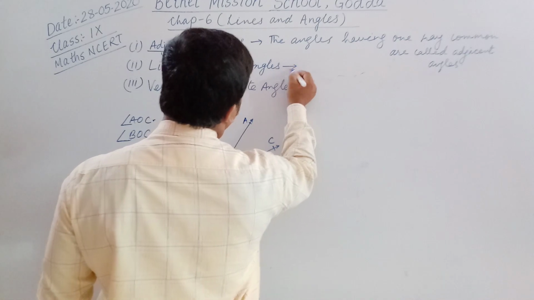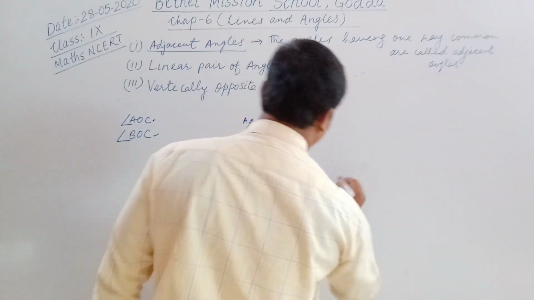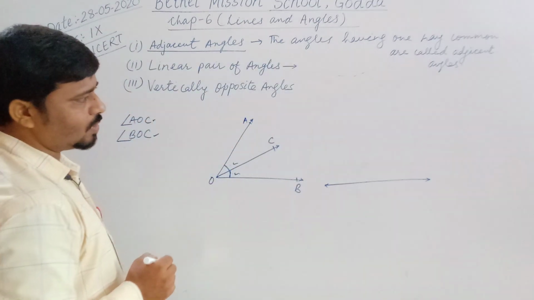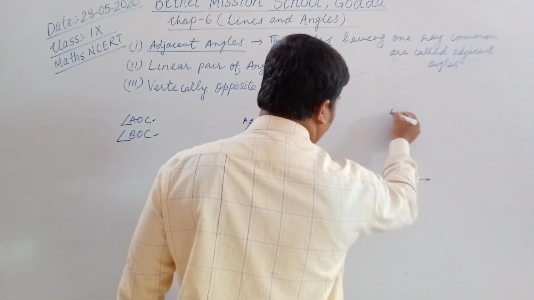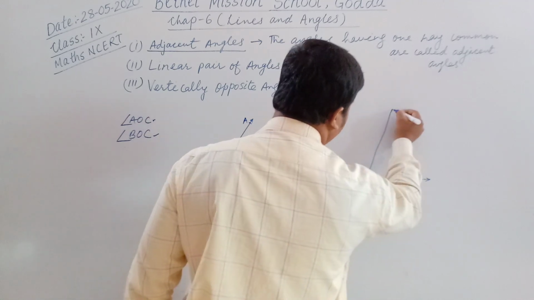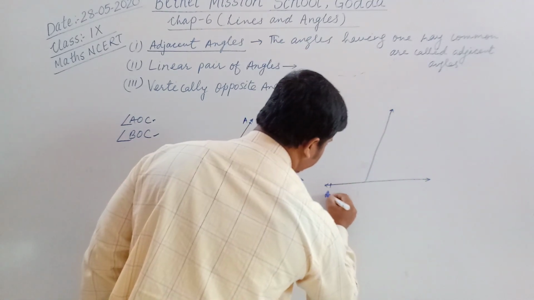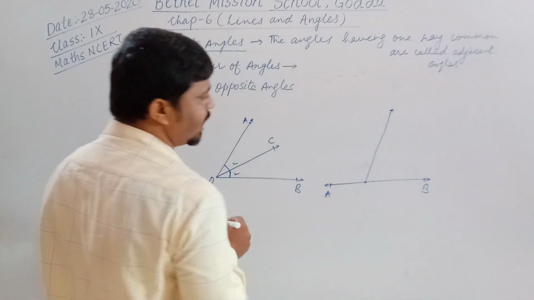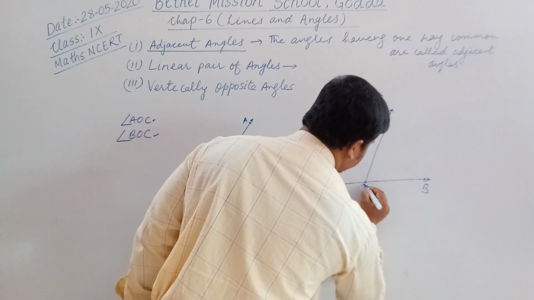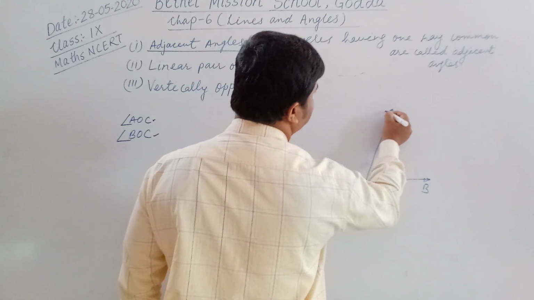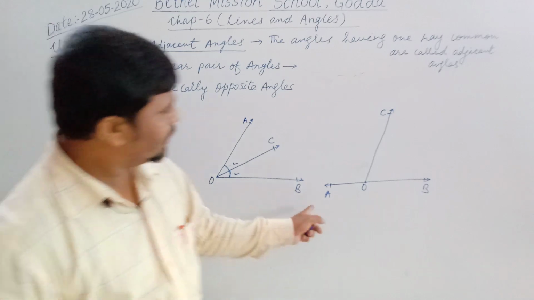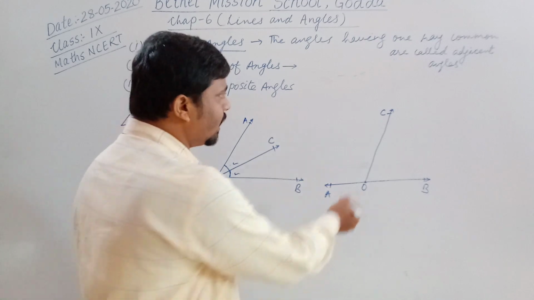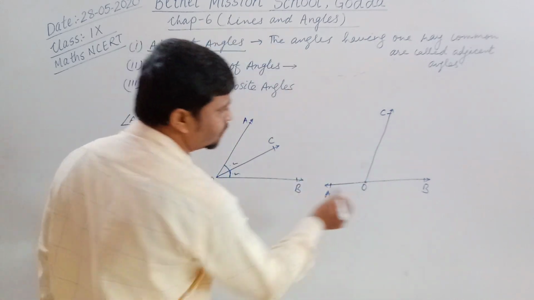Now, linear pair of angles. This is a line. You can see a straight line, and one ray is standing on it. This is A, we can suppose this is B, and where the ray is standing, that point we suppose O, and this is C. You can see AOB is a straight line, and OC stands on it.